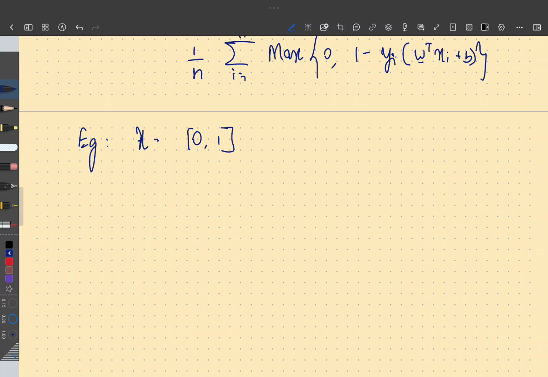And let us suppose that the true classifier is y equal to the indicator that x lies between some a and b.